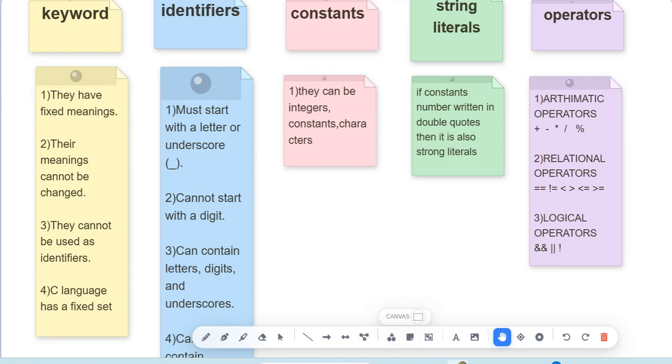They cannot be used as identifiers. Identifiers means the names that are kept by the programmers, not users, programmers. The names are kept for functions or variables or arrays.